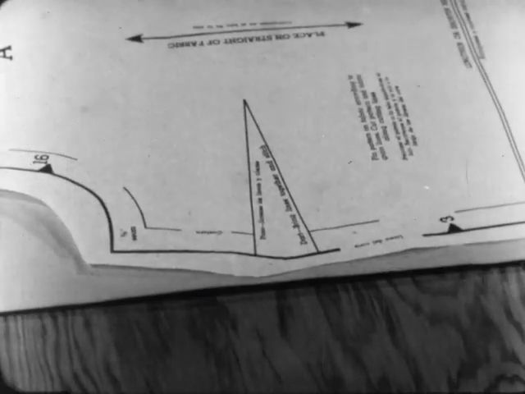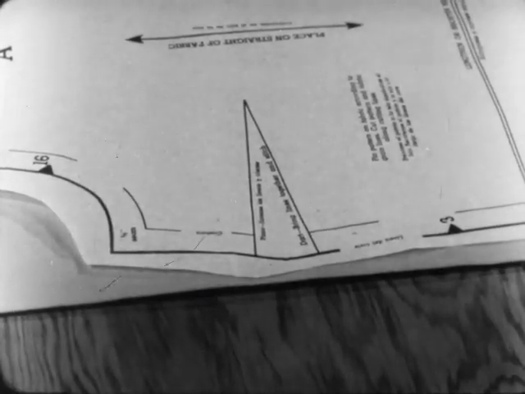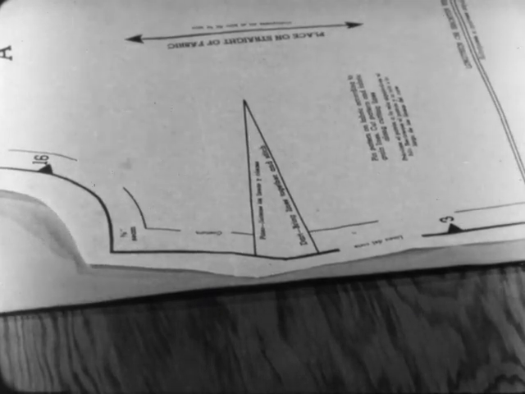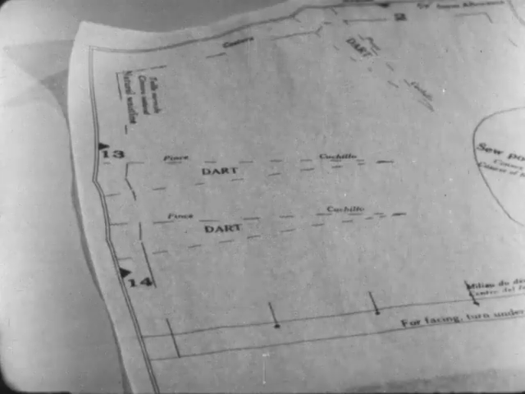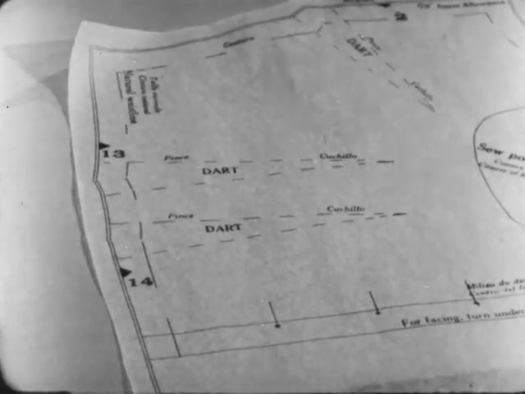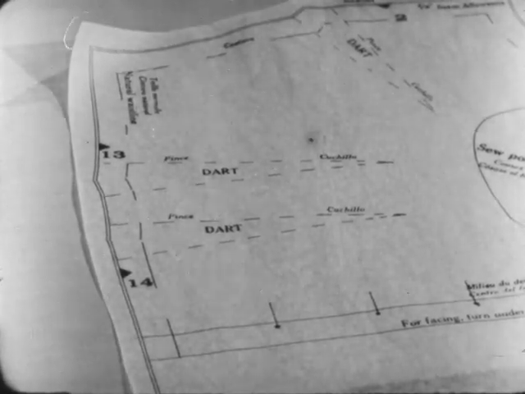Darts are indicated by printed solid lines in the Simplicity pattern, and by printed broken lines in the McCall pattern. These are all clearly labeled.